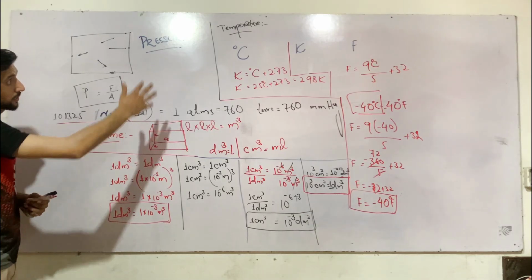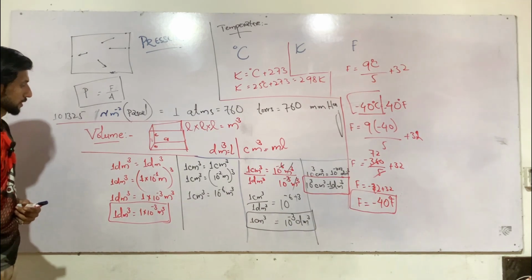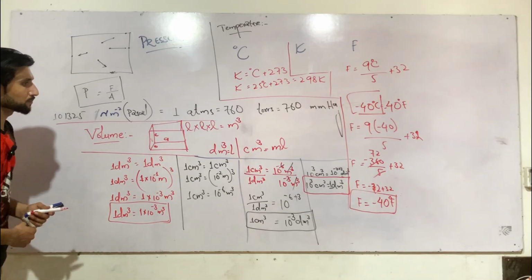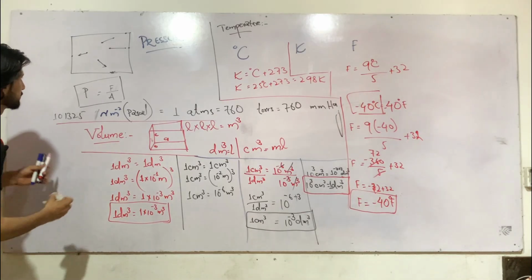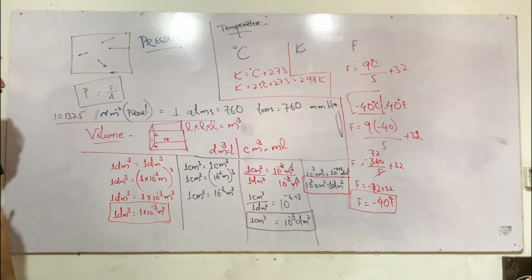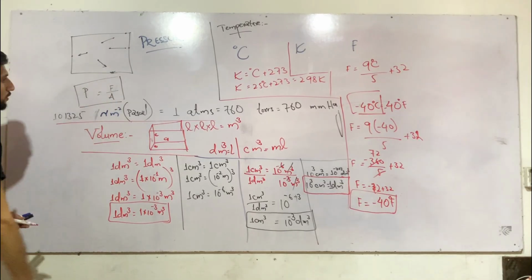And then we discussed the temperature and the conversions about temperature. Then we discussed a lot about the volumes. Now we will relate two of the quantities one by one. Okay, so now just let's relate pressure and volume.